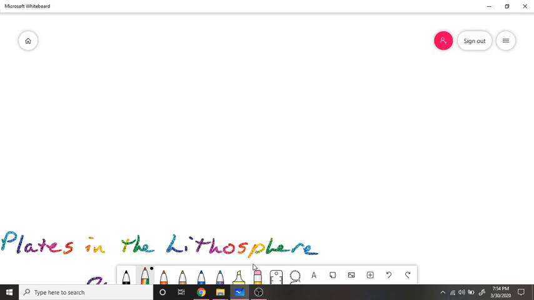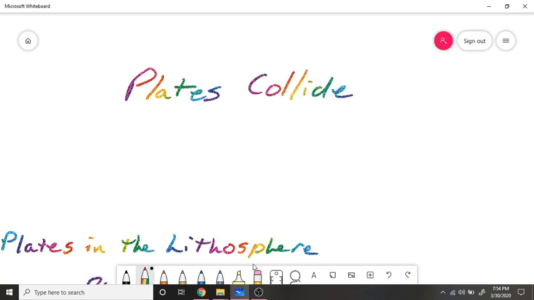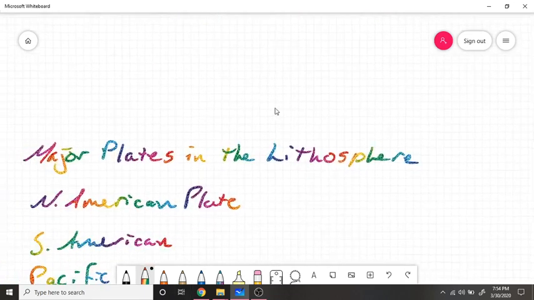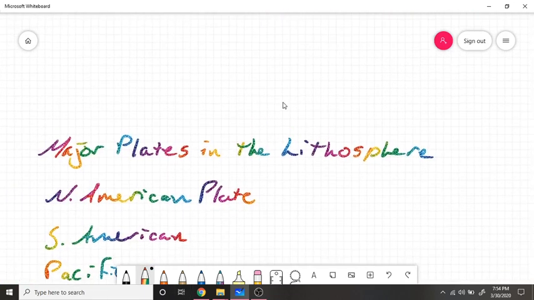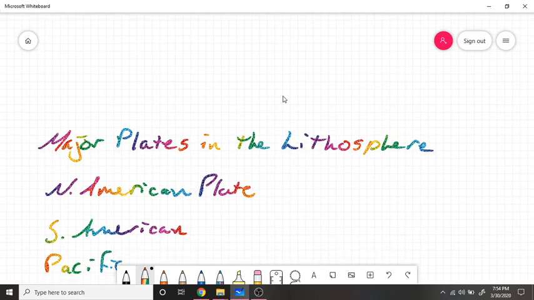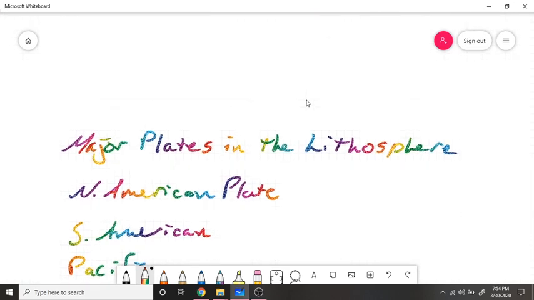All right. So today we're going to talk about when tectonic plates collide. What happens? So you can probably guess as to what the major plates in the lithosphere are.